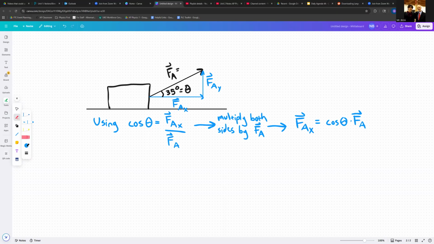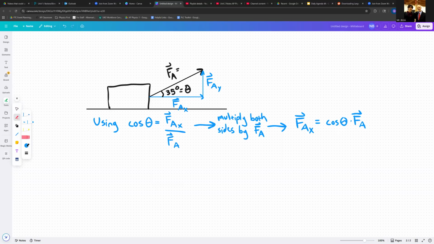Now, this is a good spot to note. This doesn't have to be applied force. It could be any type of force. Applied force is just a common one because normal force we pretty much never have at an angle. Even in fact, even when we do have normal force acting at an angle on a ramp later on, we'll make it so that it's not at an angle. But yeah, it could be any force.